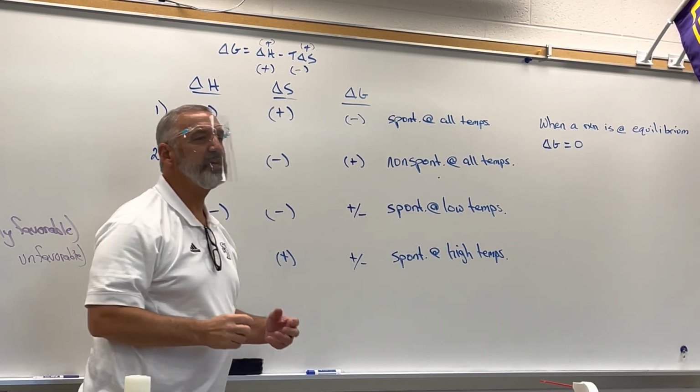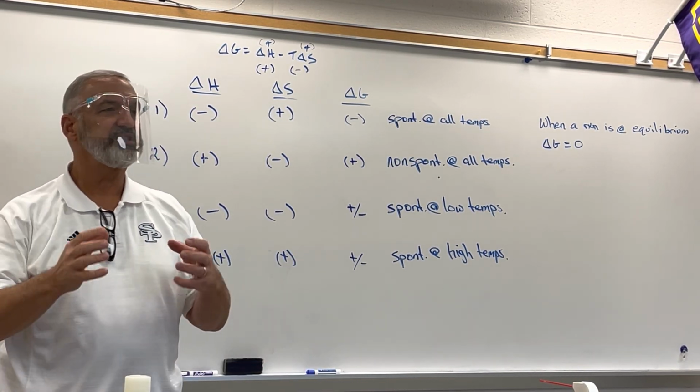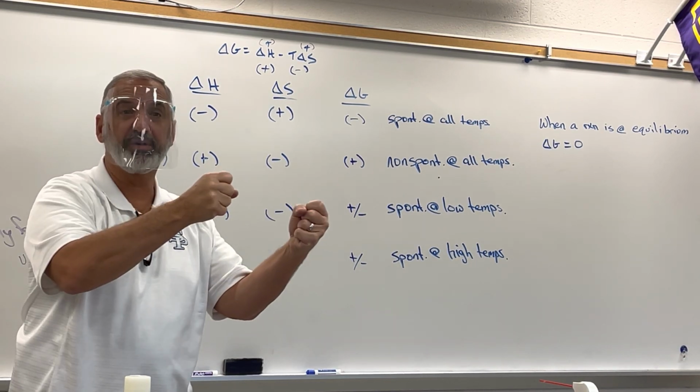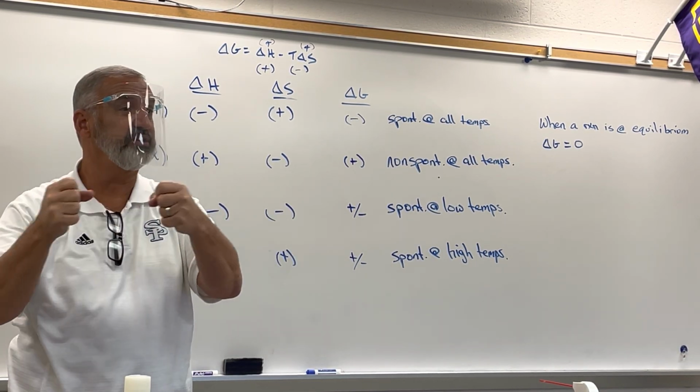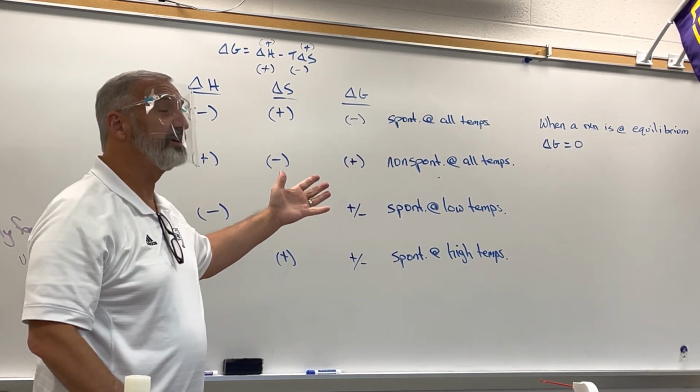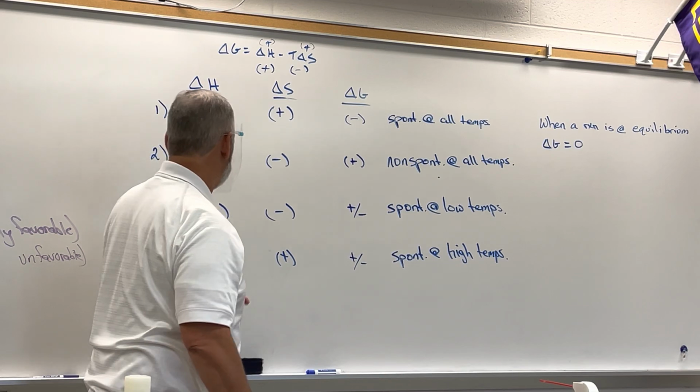So when ice is melting, when it's going through the phase change, remember the temperature remains constant, and it can go backwards and forwards at equilibrium. When you're at 0 degrees, it can go forwards and backwards. When the reaction's at equilibrium, delta G is 0.